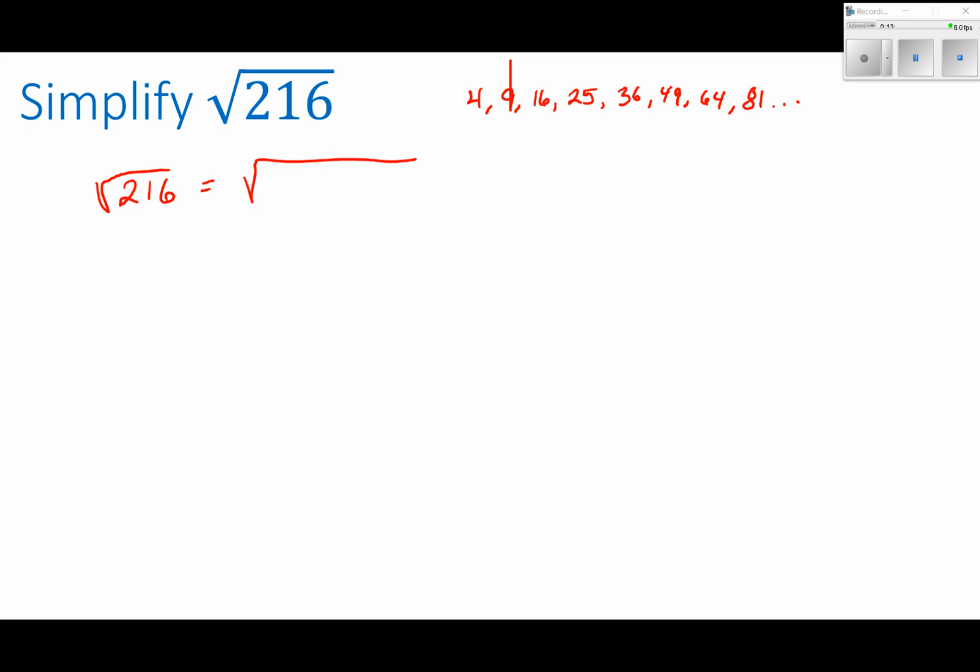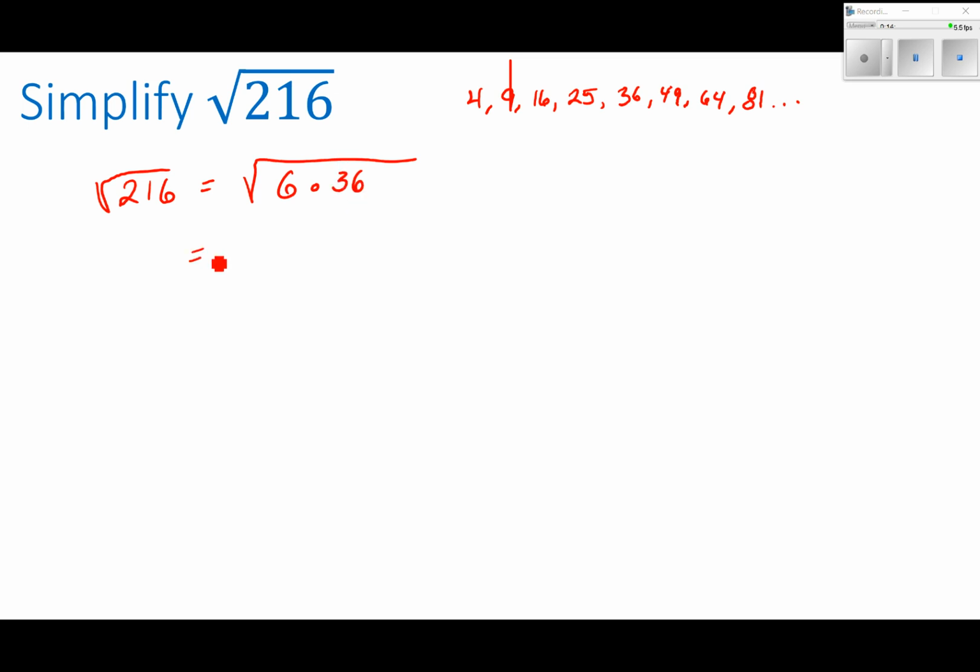So what is my largest perfect square that is a factor of 216? What is it? 36. Okay, what times 36? 6. So 6 times 36 is equivalent to 216.